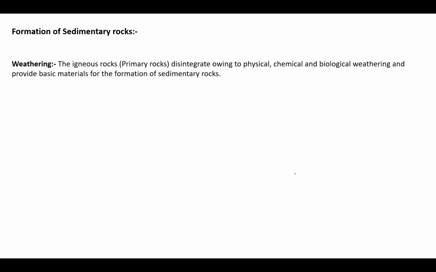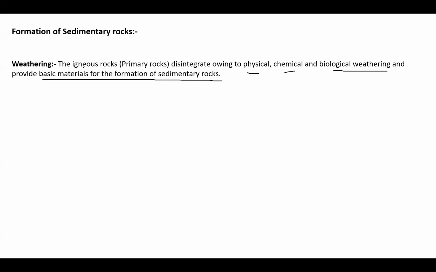How these sedimentary rocks are formed was discussed in weathering, which we discussed first. The igneous rocks, the primary rocks, disintegrated. That means they went through disintegration due to physical, chemical and biological weathering, and provided the basic material for the formation of sedimentary rocks.